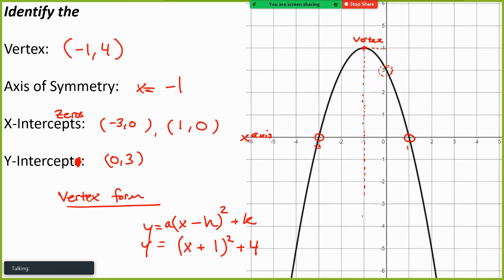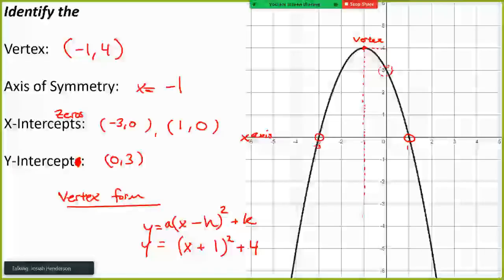Okay. If there's no questions or comments, there's a little bit more I wanted to look at with you, finding zeros. Now, Leisure, thank you so much for helping out. You did a great job of locating those zeros from the graph. What I want to do next with you all is find zeros when we don't have the graph, okay?